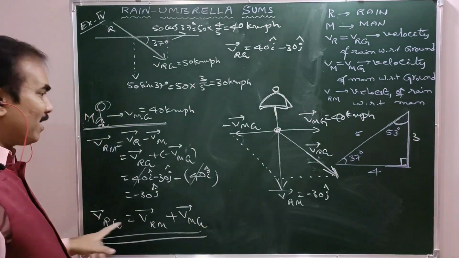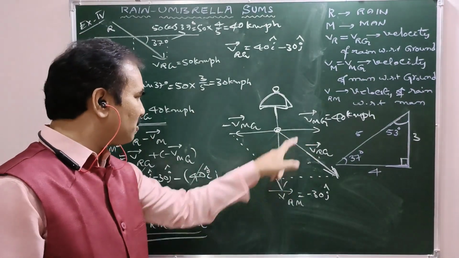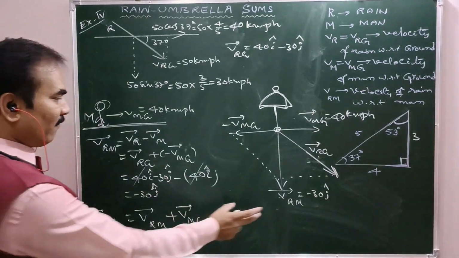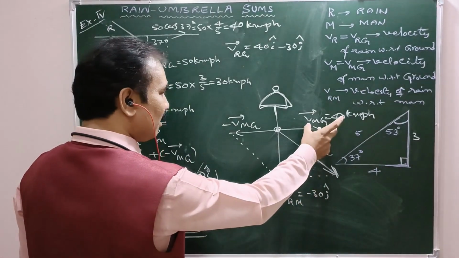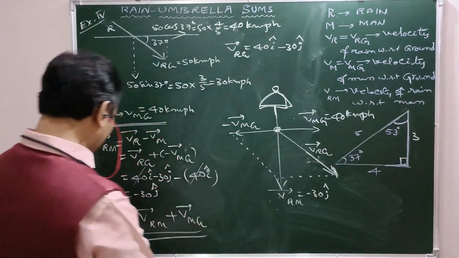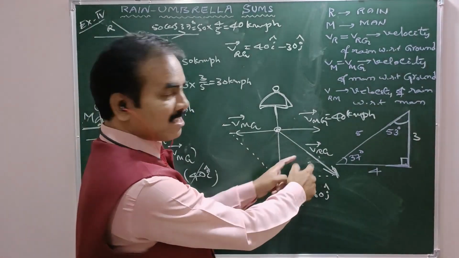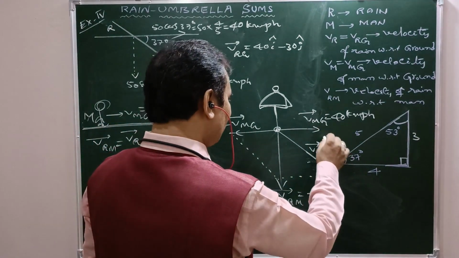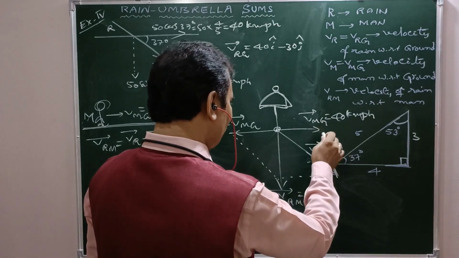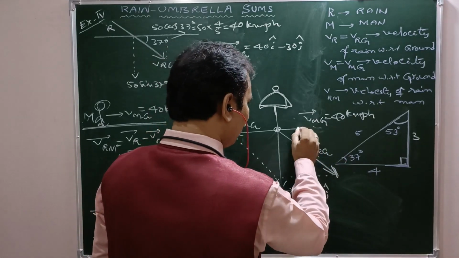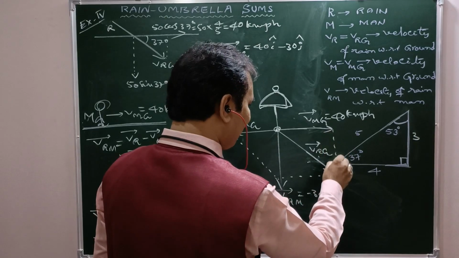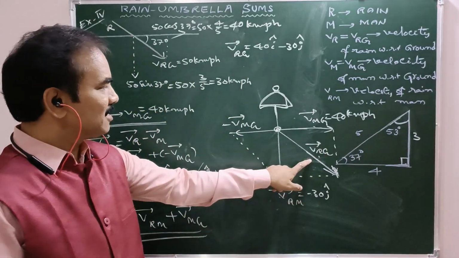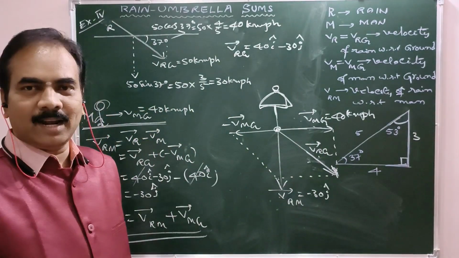So VRM and VMG collectively form VRG. VRG is the resultant of these two parent vectors, so we can form one more parallel line.